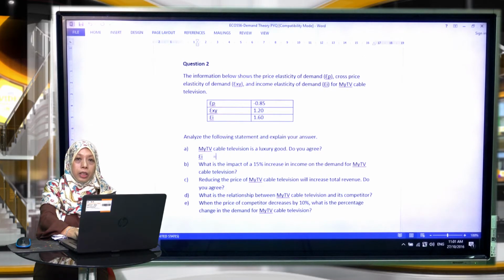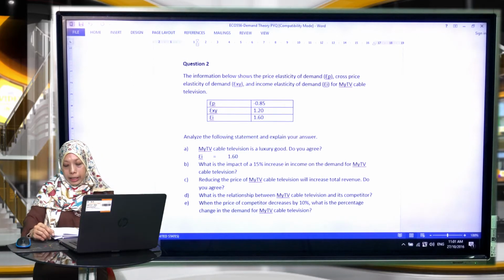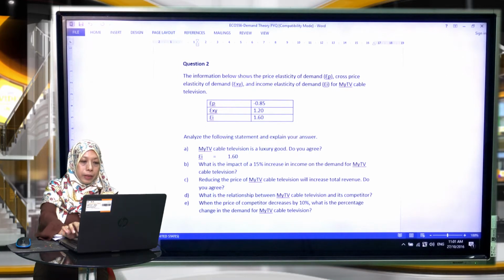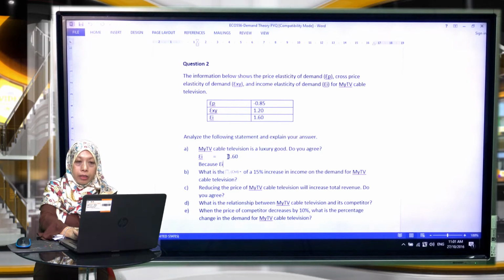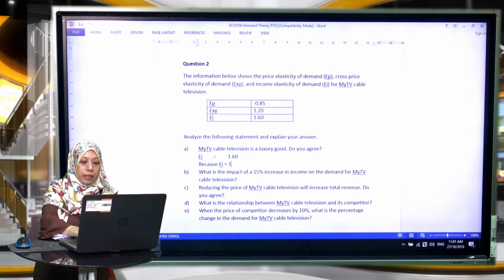The value is positive and it is greater than 1. Therefore, this product is a luxury product, because the income elasticity of demand is greater than 1.